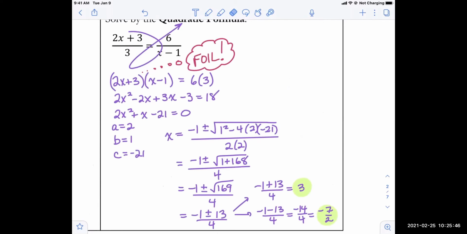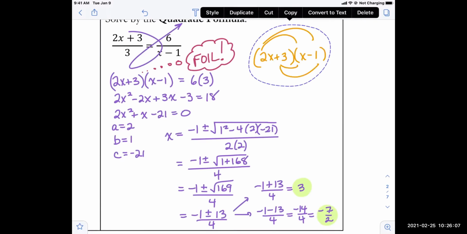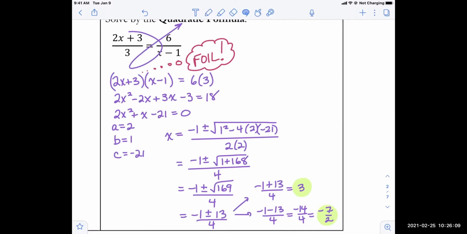So again, this one's tricky because when you do this product, you actually have to do the distributing. So there's 4 terms here that will simplify down to your trinomial. That did not happen on the other problem, so that makes this one a little more complicated.